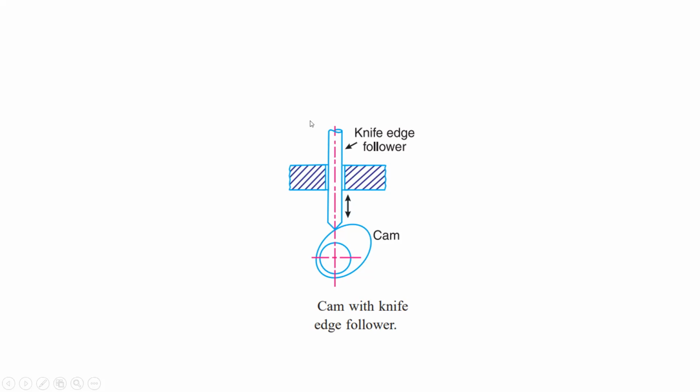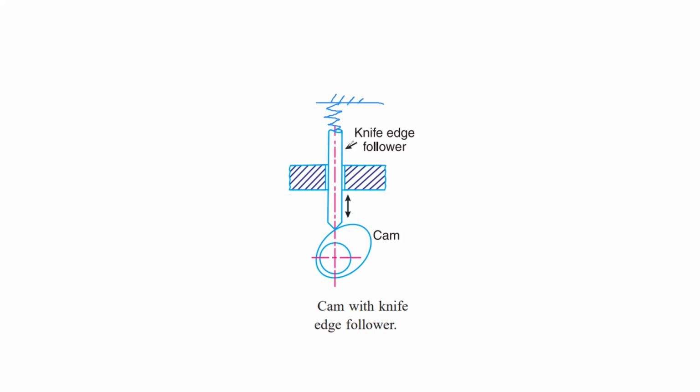In some cases we also use the spring force in order to keep follower and cam in contact. I will tell you how the spring is provided. Suppose here is some stationary, fixed surface, and here one spring is provided like this. What this spring does is always exert a force on the follower.